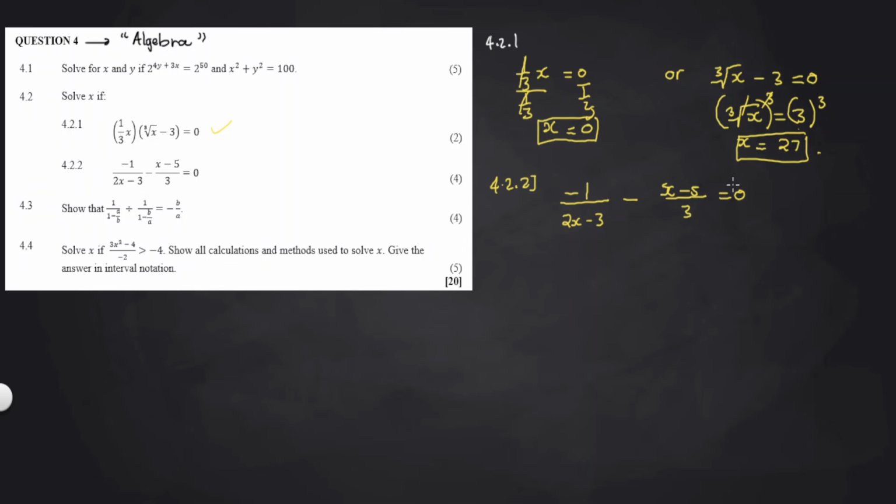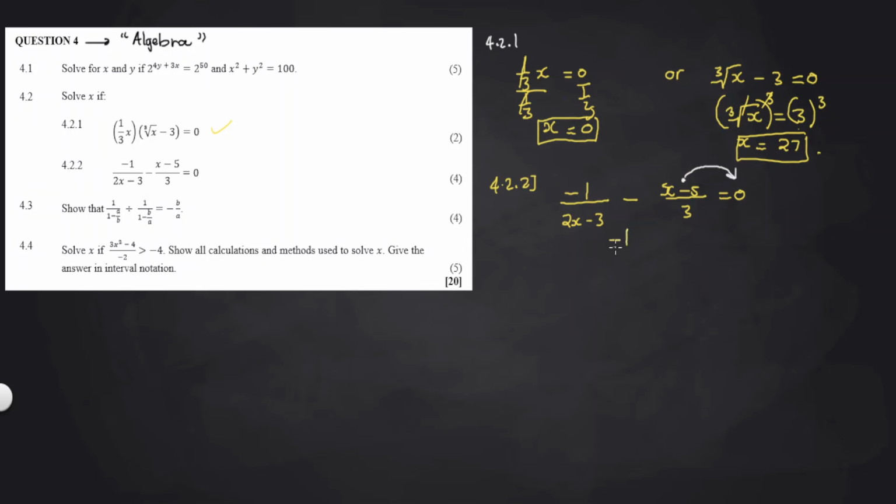The first one would be to take one of the fractions, we transpose it to the right hand side. After doing that, basically we cross multiply. Or you can leave it like this, and then take the LCD, and then you take that LCD and multiply each and every term in the equation. But I'm gonna opt for this option, taking one of the fractions and transposing it to the right hand side.